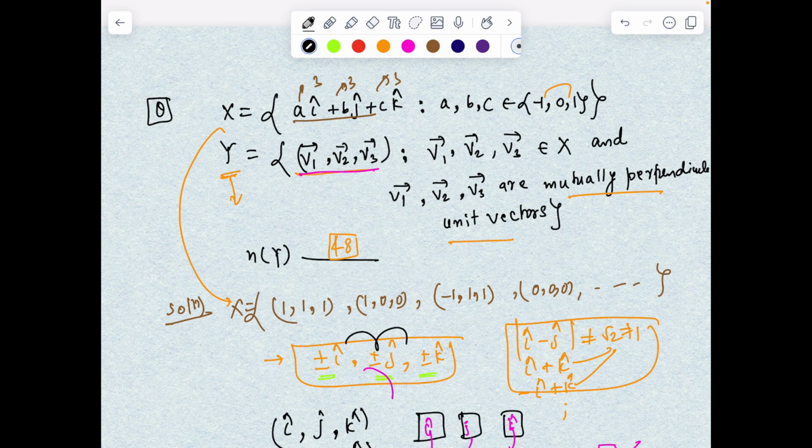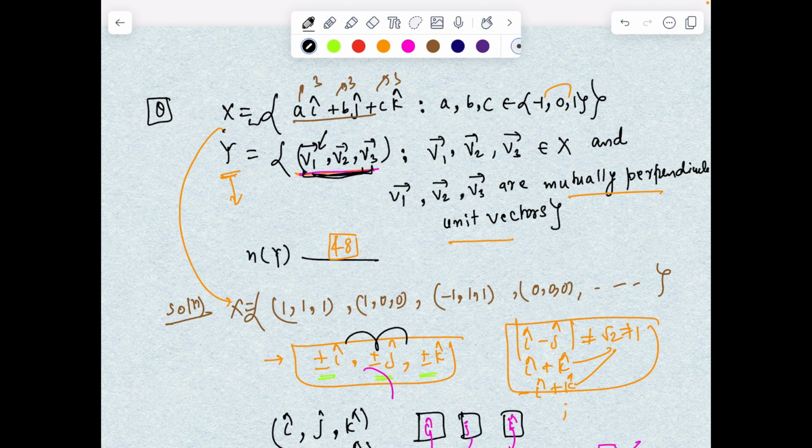The problem can also be posed in probability. Let's say I ask: if the vectors b1, b2, b3 are randomly selected from set X, what is the chance that these vectors are mutually perpendicular unit vectors? Now clearly, how many choices will b1 have?